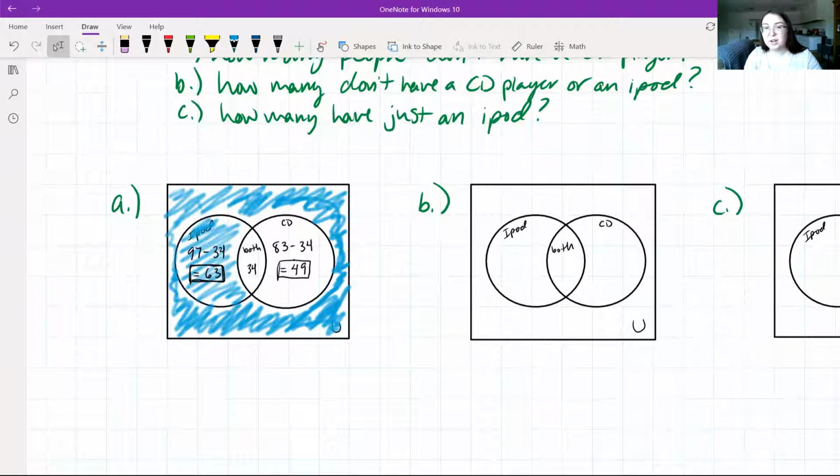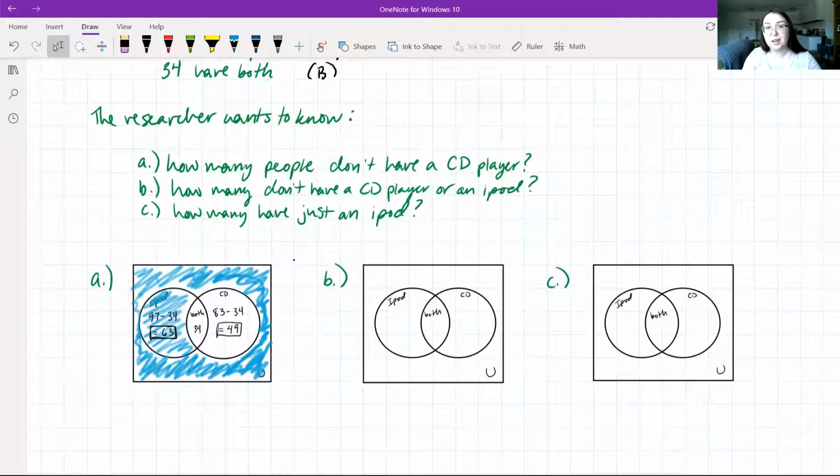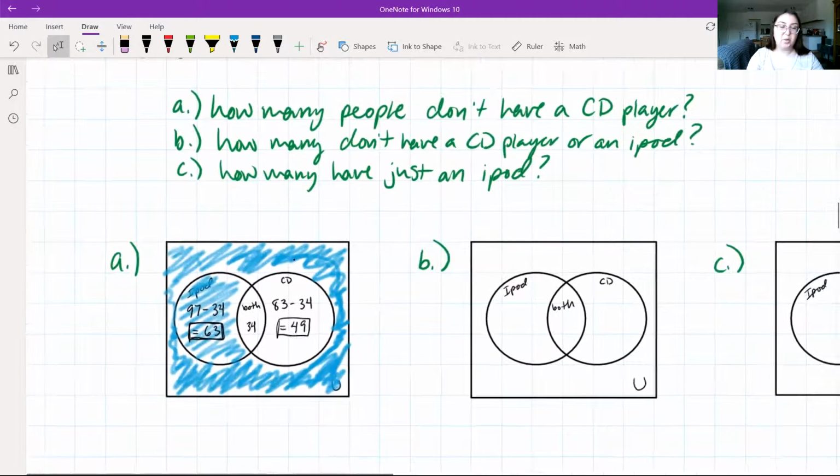Now to find our universal set, which we know was 200, or to find what's left over of people that don't have any, we would add up all of our values. So we would add 63, 34, and 49. And this gives us a value of 146.